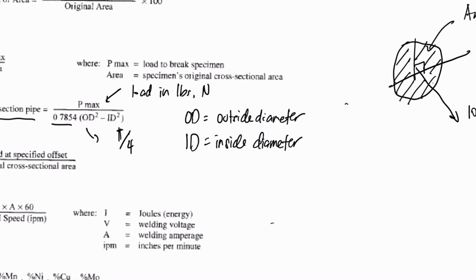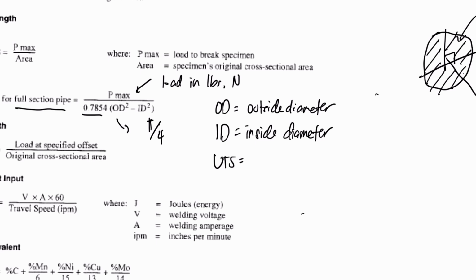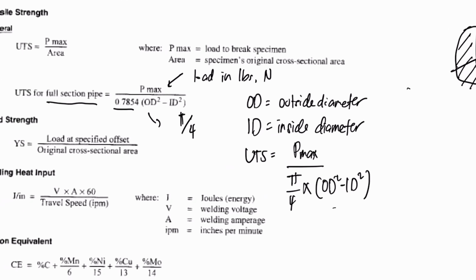You can also write that formula as UTS equals Pmax over pi over 4 times OD squared minus ID squared. Later, I have an example showing this formula and how to use it.